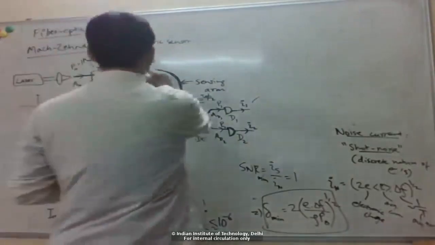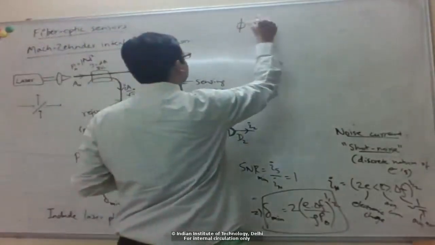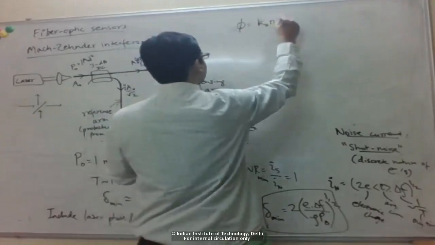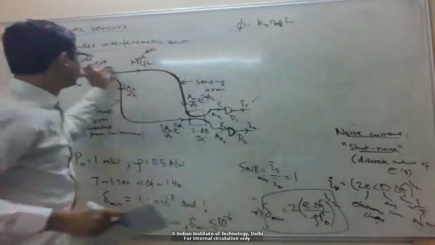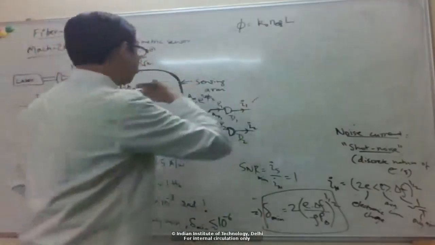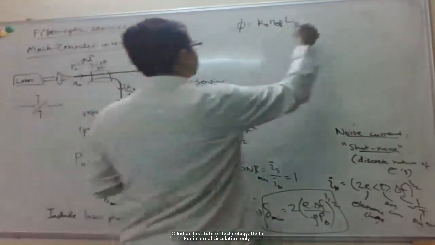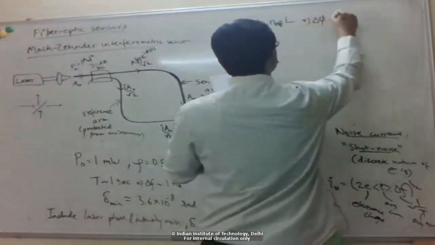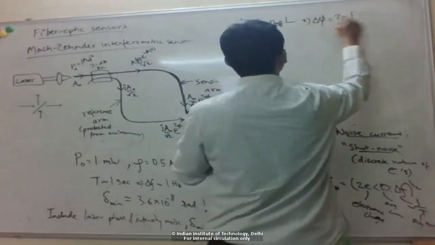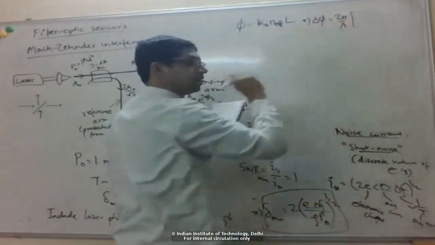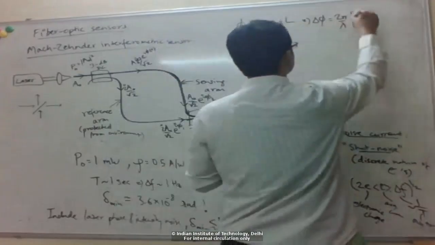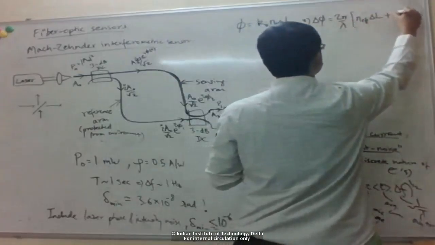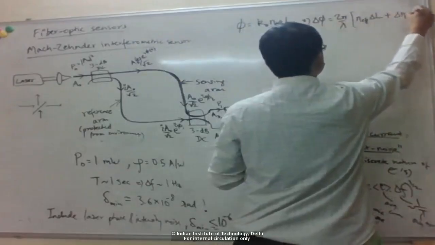This phase is k naught times the refractive index, which is n effective in this fiber mode, times the length, right? So you can see that the change in the phase can come from changes in the refractive index or changes in the length, as we discussed.